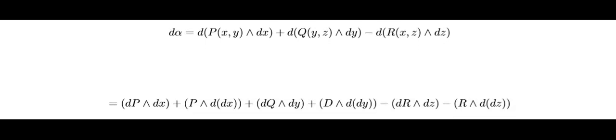So going from this line down to the next, we see that we did the differential of the first thing listed, wedge the second thing. So that's our first term that we get from the first term in the top line here.